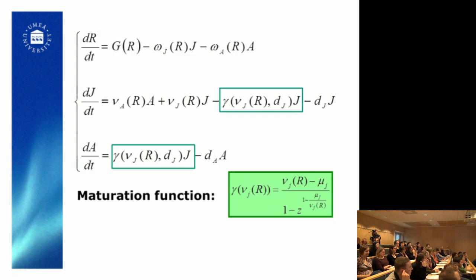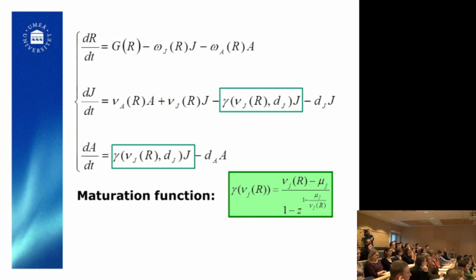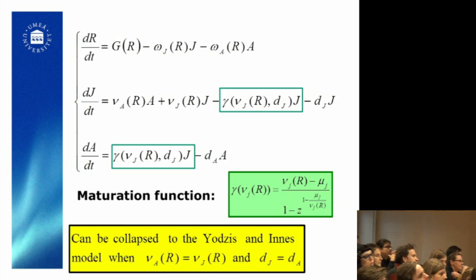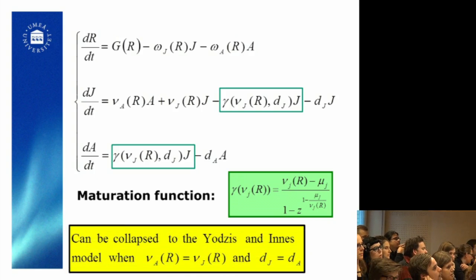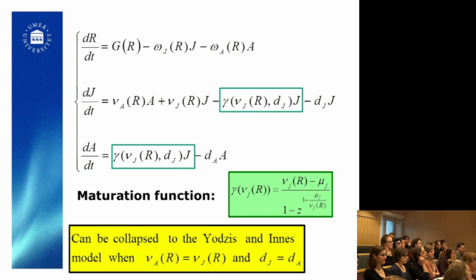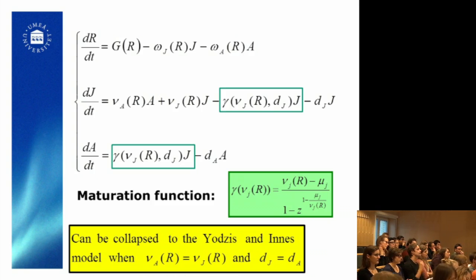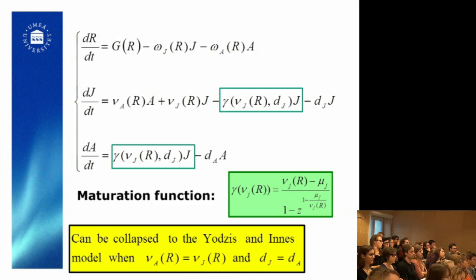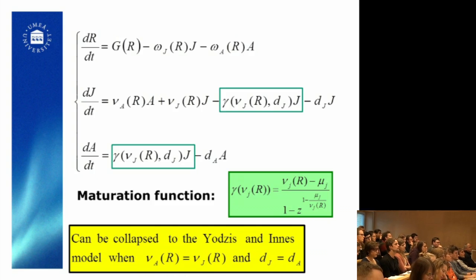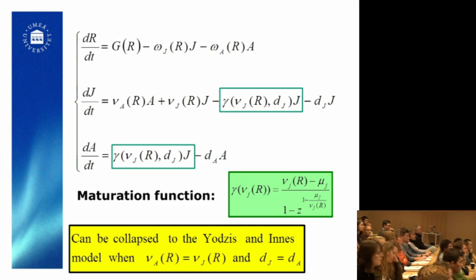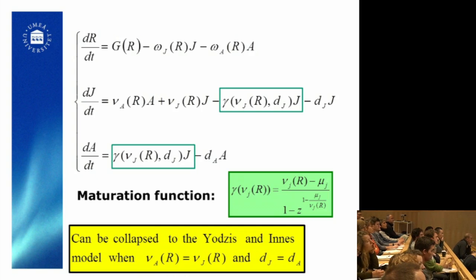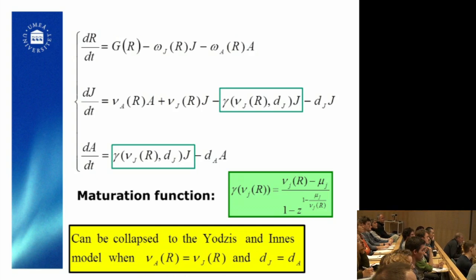And then we also have the separated juvenile death rate and adult death rate here. And nicely enough, if we set the net production of adults and juveniles to be the same and the death rates the same, this equation system can easily be collapsed into the Jotsons and Ians model. And of course, this is another way of stating that under this condition we have ontogenetic symmetry.